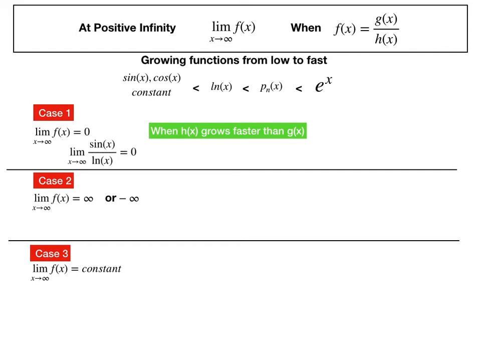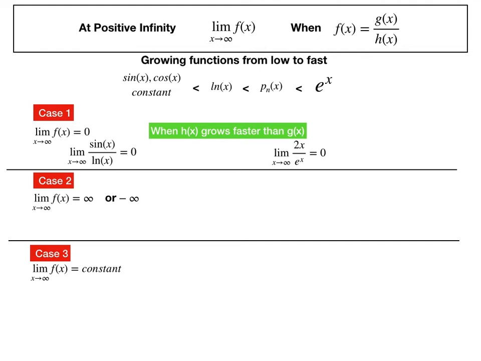An example of this case is the limit of sine of x over natural log of x as x goes to infinity, which is 0. You see that sine is bounded between two values, but natural log of x grows slowly, but still grows. Another example is the limit of 2 to the x over e to the x as x goes to infinity, which is 0. Again, e to the x grows much faster than 2 to the x, so the limit should be 0.